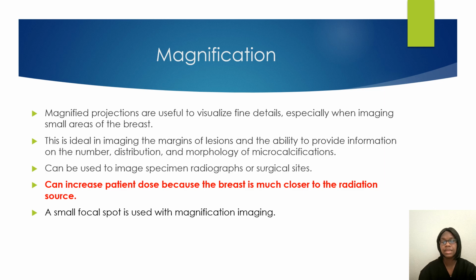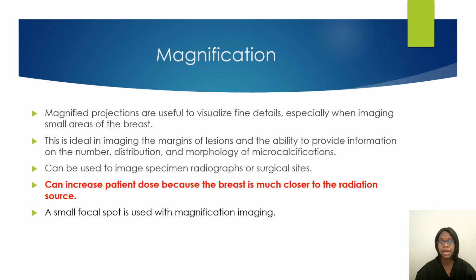And then we talked about the magnification view, so I'm not going to go more in depth with that because I spoke about it earlier in the lesson. And if you've seen my other lesson over the physics, I talked more about that as well. But I will say it can increase patient dose because the breast tissue is much closer to the radiation source whenever magnification is used.